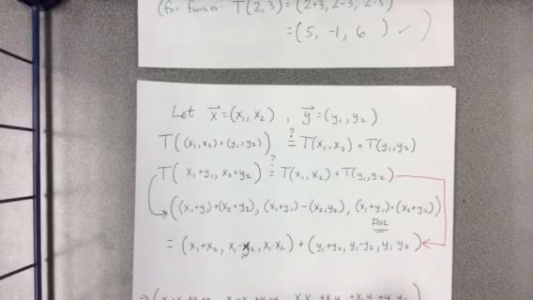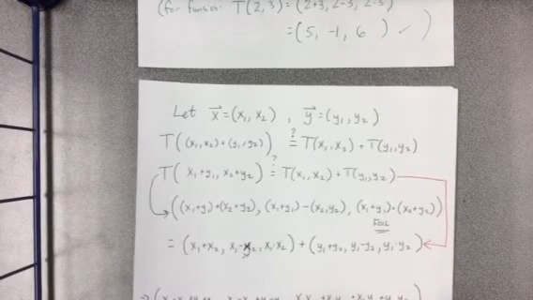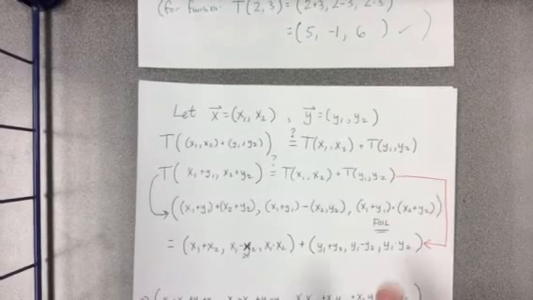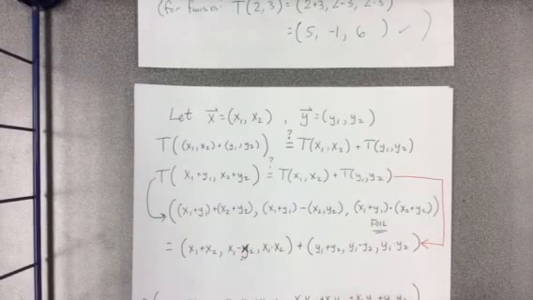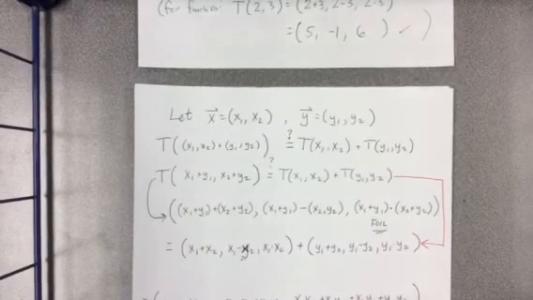We'll get x1 minus x2 plus y1 minus y2. For the third components, we're adding together x1, x2 plus y1, y2.